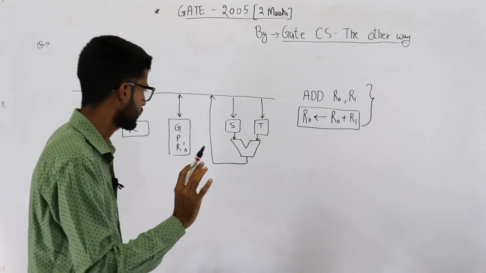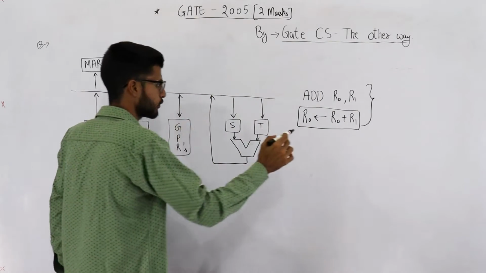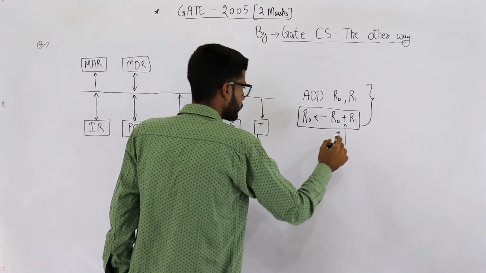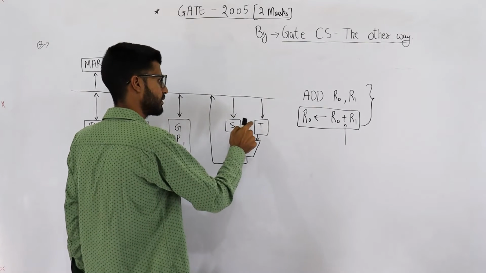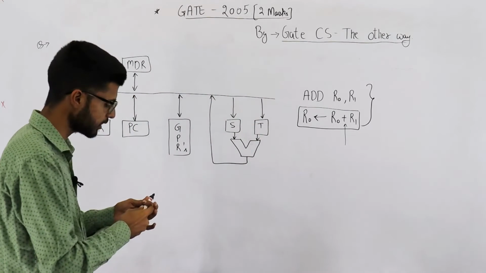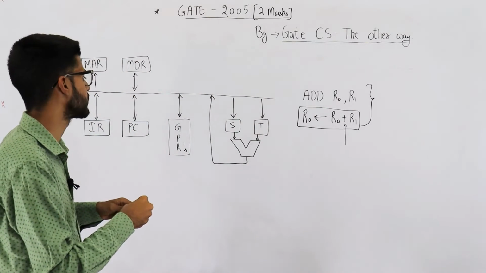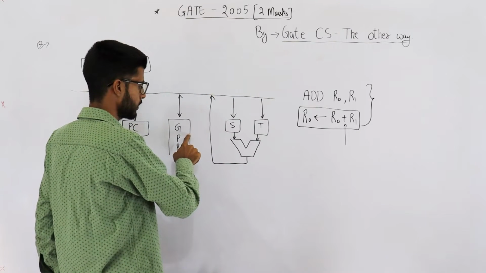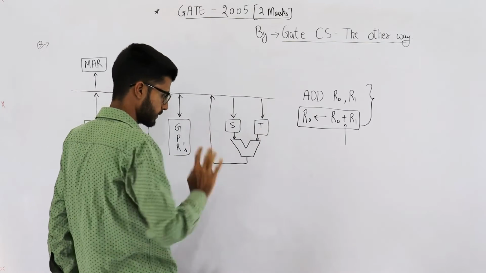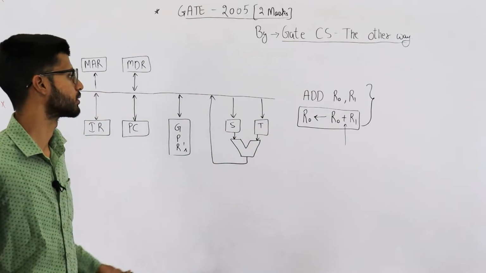Okay, so for this add operation, both the operands need to be in these buffer registers, buffer register S and buffer register T. That means the first step is going to be to copy the value of R0 as well as R1 into S and T. This is going to take 2 cycles.